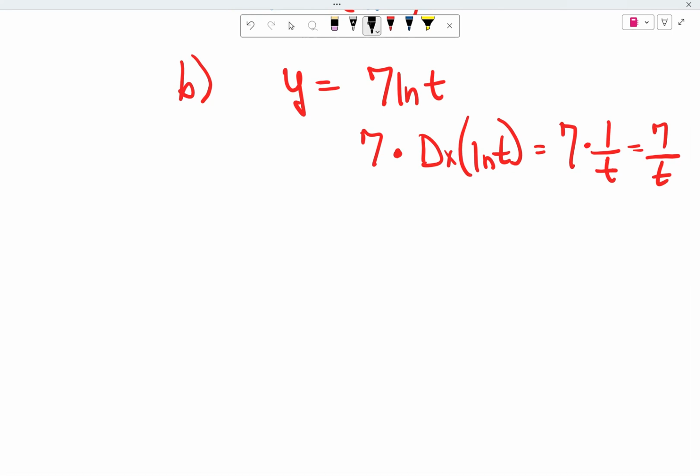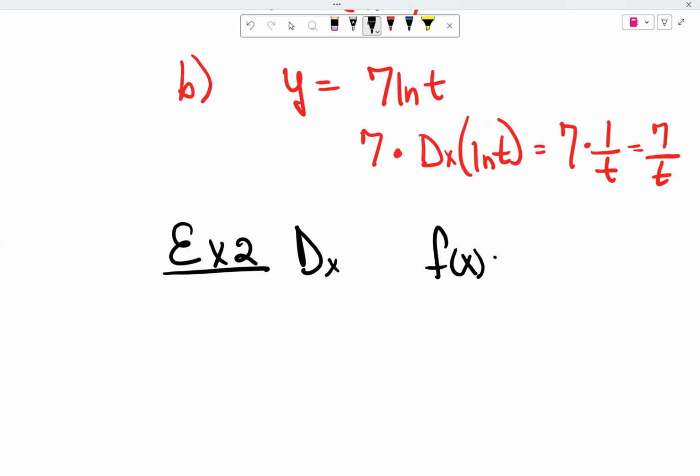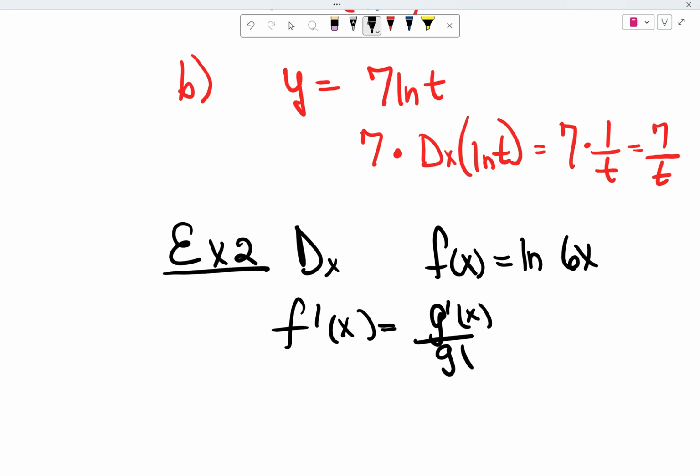Example 2. And this one, I'm looking to find the derivative of the function. I'm not going to write the derivative every time. So I just want you to know that if I say this, I'm saying you're going to find the derivative of, and they're giving us the function f of x is equal to the natural log of 6x. So I want you to remember in this case that again, the first derivative is simply going to be the derivative of the 6x over g of x.